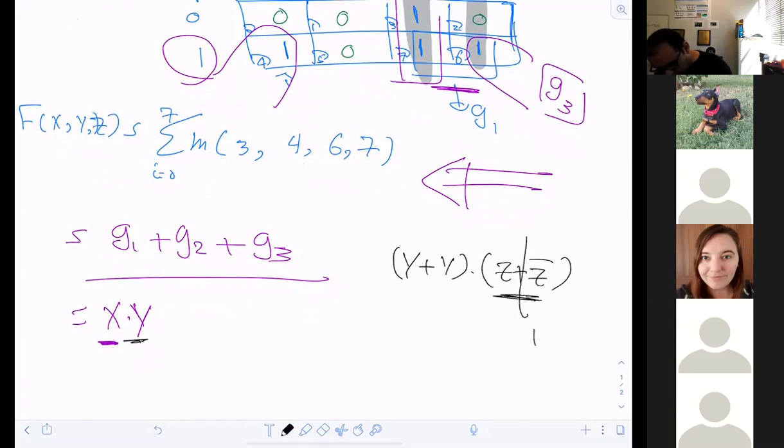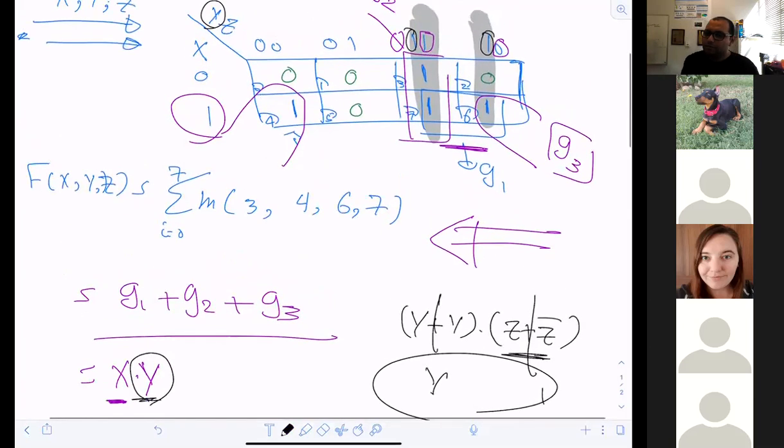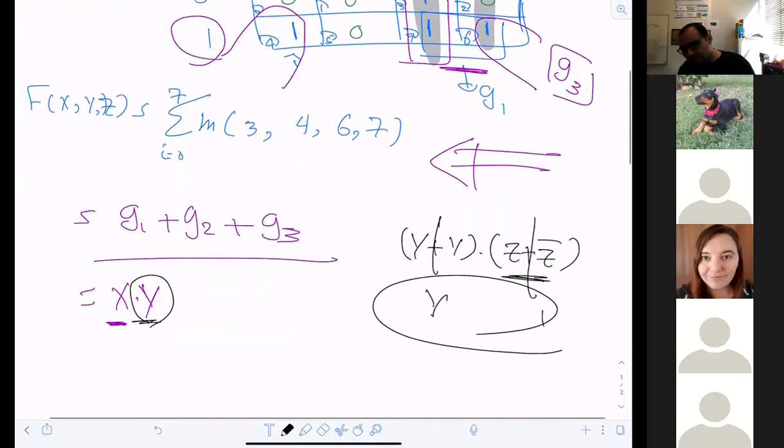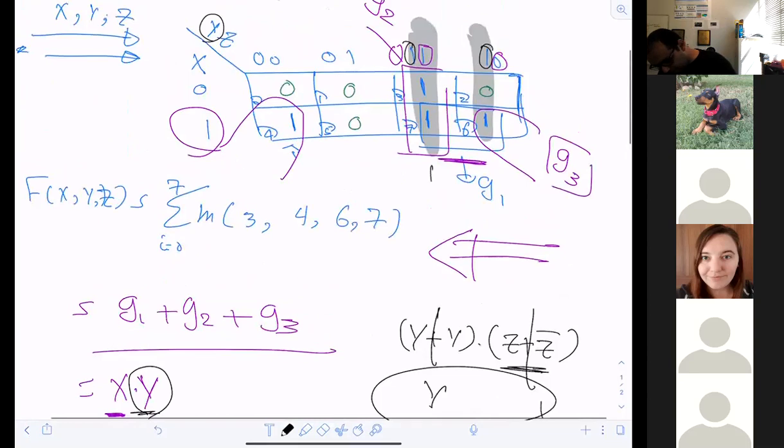This guy is 1, and this guy is Y. That's why it's Y. Make sense? Crystal clear. Because what is the relation between the minterms? The only operator we are using between the minterms is OR, right? So this or this. This or this. That's why we are ORing between them.